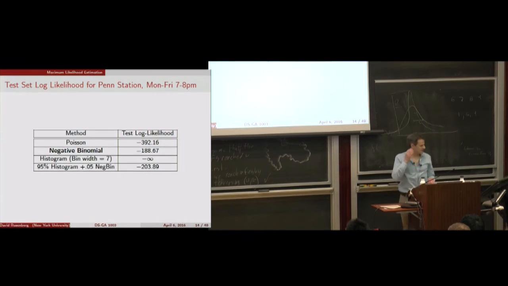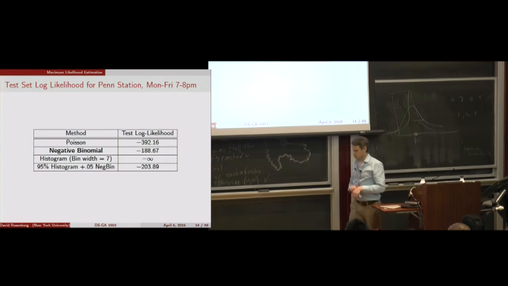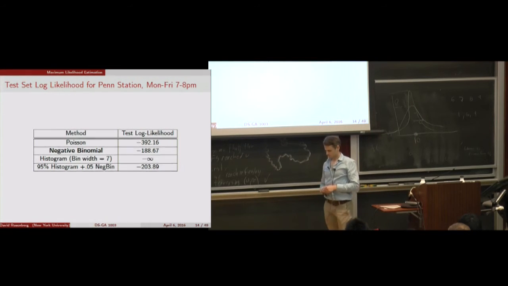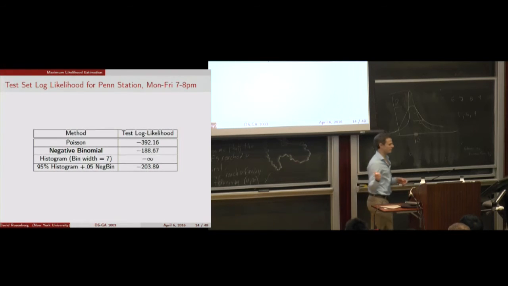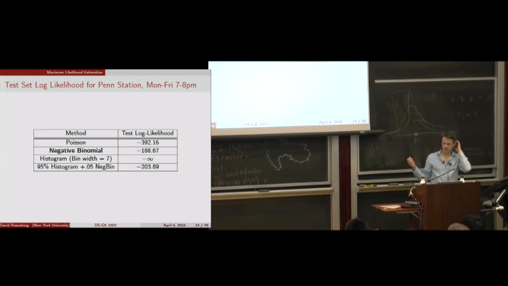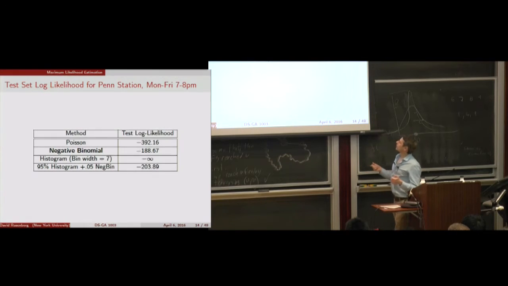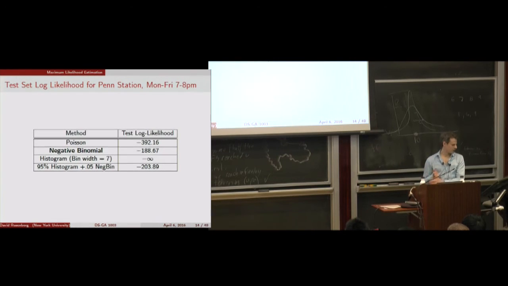So this is a little bit of a flashback to the taxi cab pickups. Now we have this notion of log likelihood as a measure of how well our predicted distributions fit. On that data set for Penn Station, we make predictions using the histogram model, negative binomial, and Poisson.